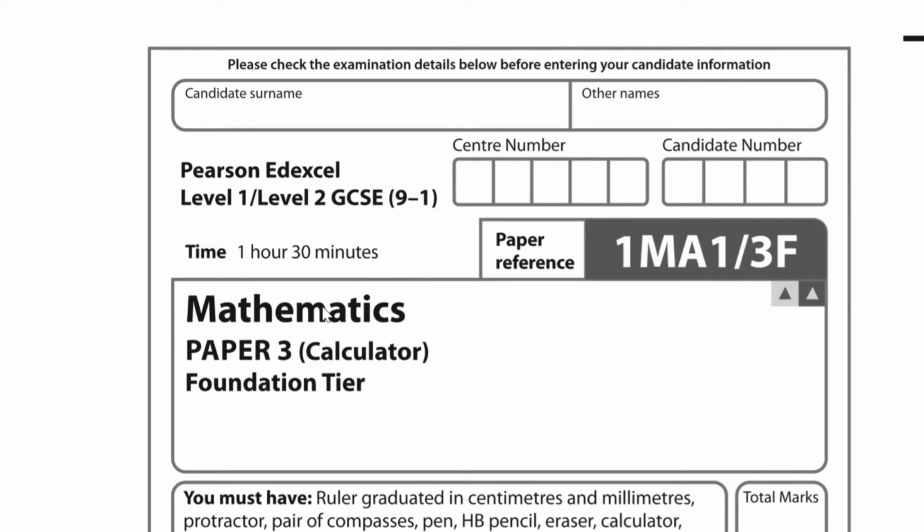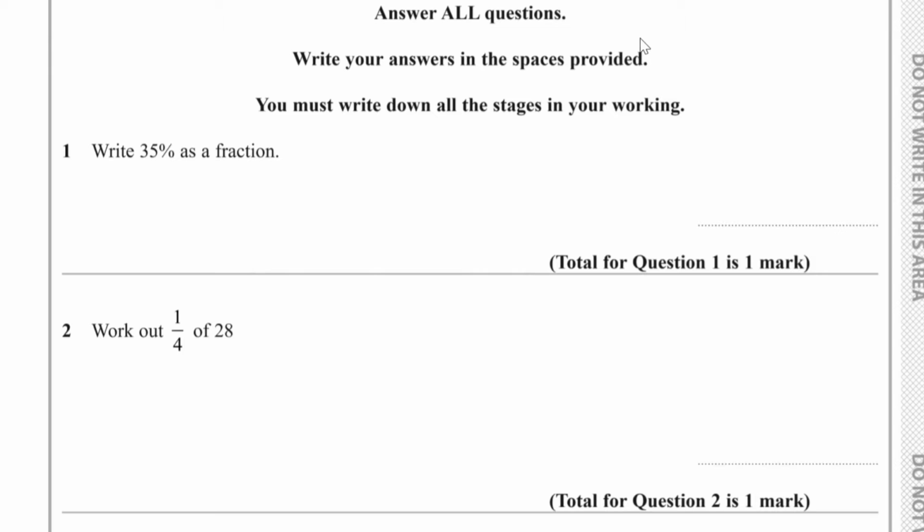This is the EdExcel GCSE 9-1 Maths Foundation Paper 3, which is a calculator paper and it's from the 2022 series. Question number 1. We have to write 35% as a fraction. 35%, that means we have 35 out of 100.